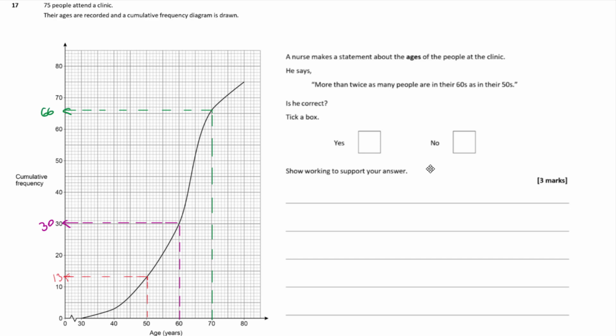Okay. Right, so now I need to work out how many people are in their 50s and how many people are in their 60s. For people in their 50s, if there are 13 people who are age 50 or less and there are 30 people who are age 60 or less, then there've got to be 30 minus 13.